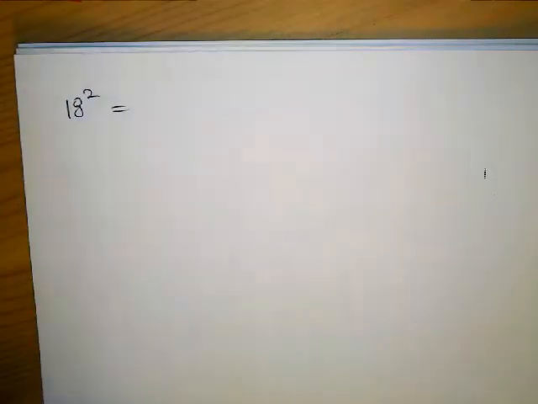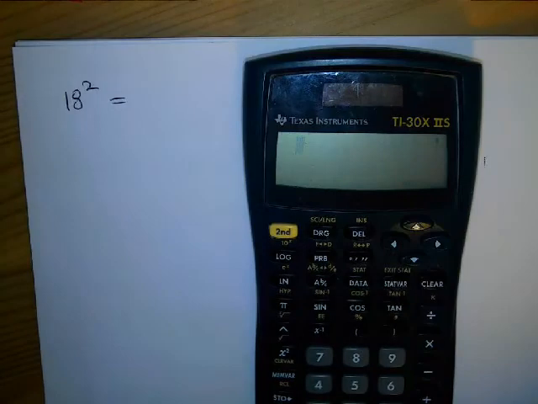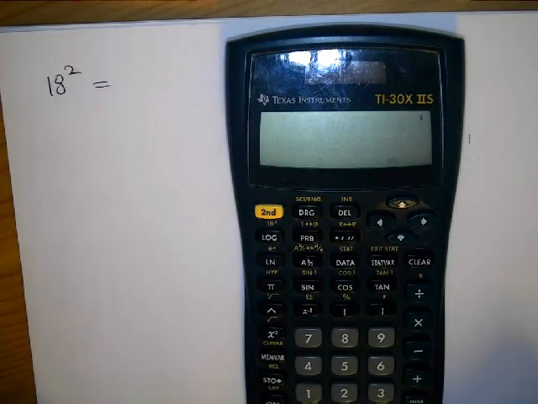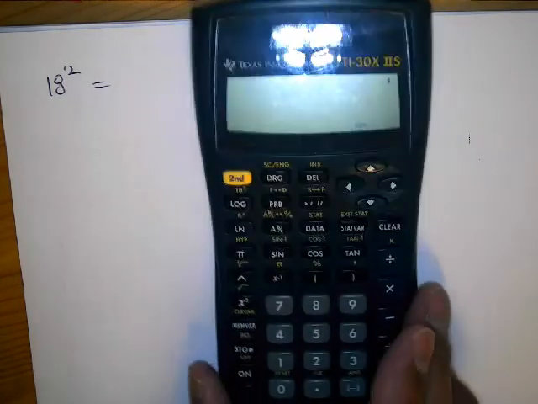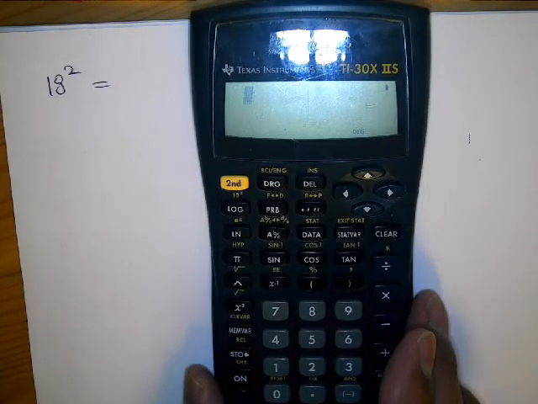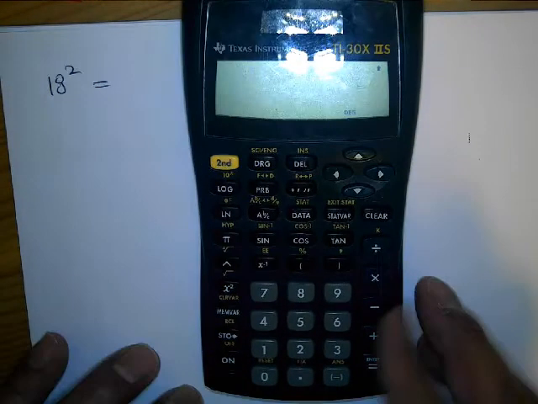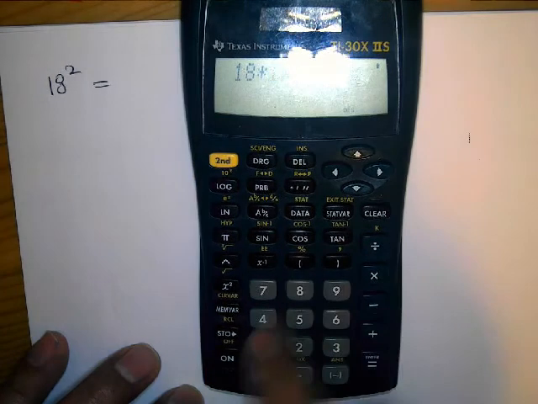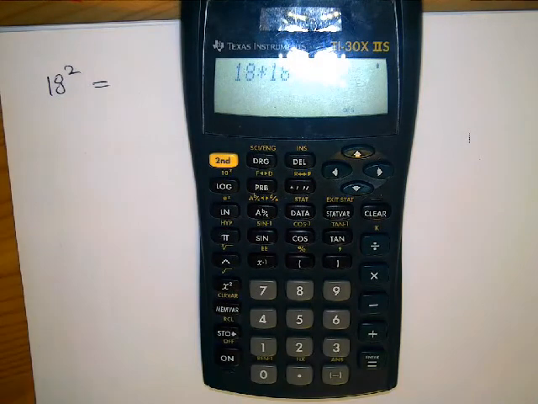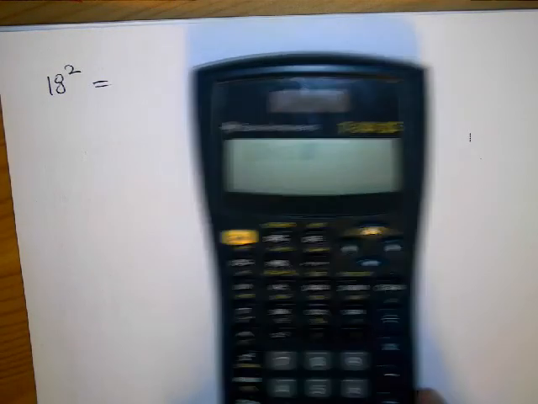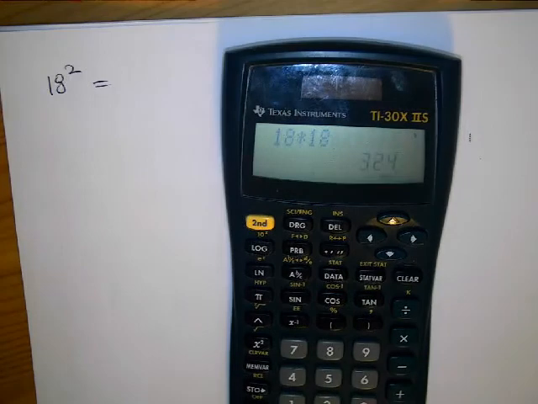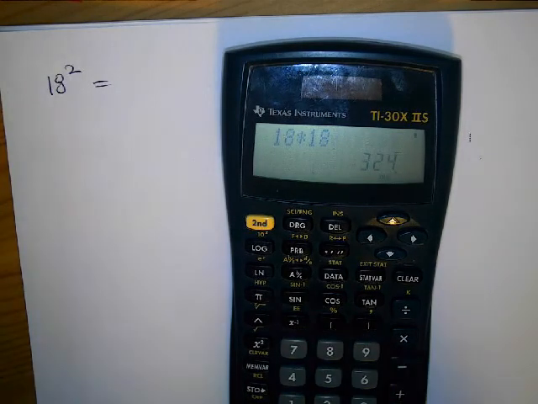All right. Now, what if you have to do a tough number, like 18 squared? Well, we can use our calculators. So know how to use a calculator. If not, hopefully you have your phone or something that has a calculator. You can sit here and do 18 times 18, because I know that's what 18 squared means.